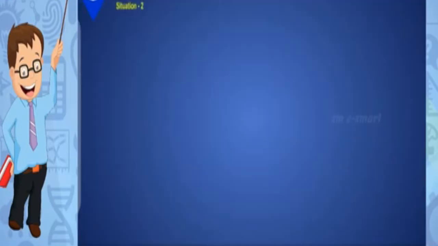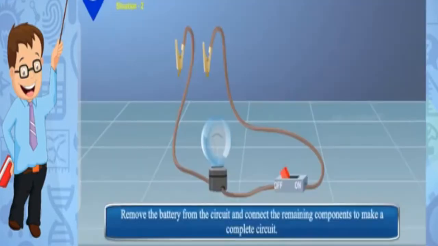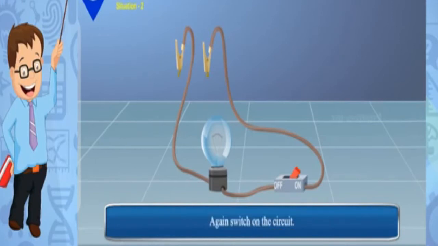Situation 2. Remove the battery from the circuit and connect the remaining components to make a complete circuit. Again switch on the circuit. We observe that the bulb does not glow because there is no source of electrical energy.